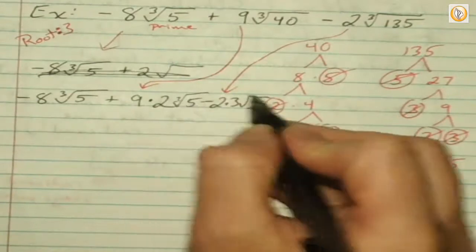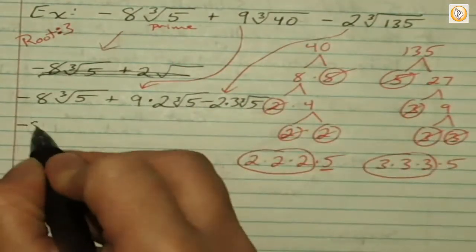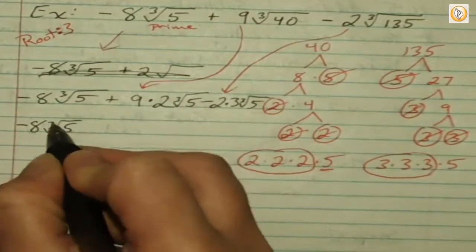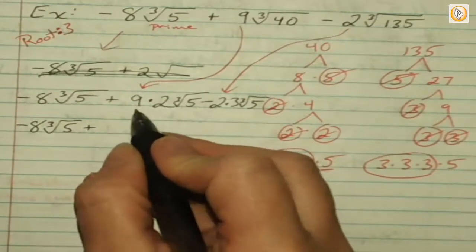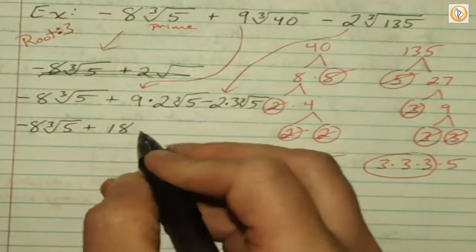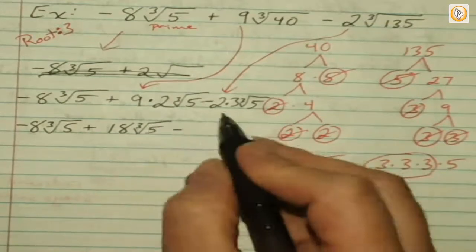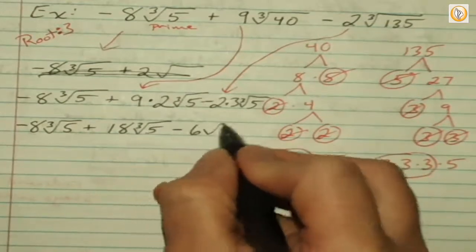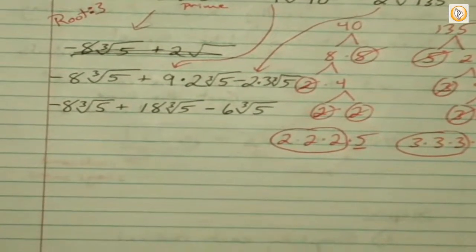Oh yeah, you forgot your things. Forgot my root. Checky things. 9 times 2 is 18. Cubed root of 5 minus 2 times 3 is 6. All right, so now what can I combine?